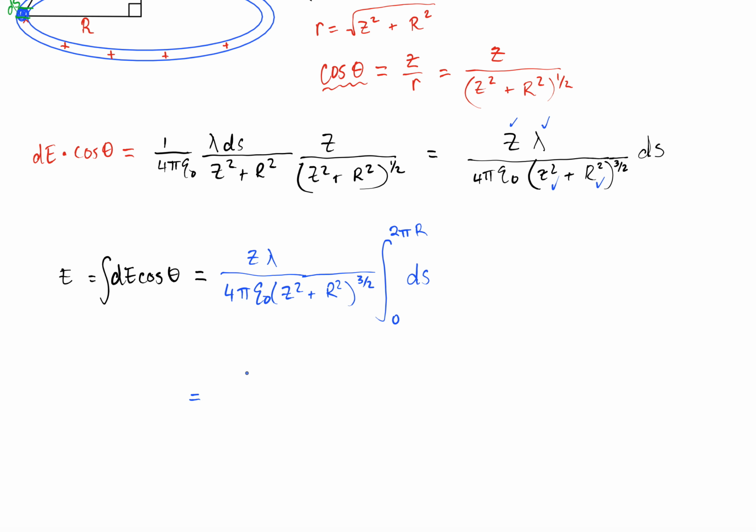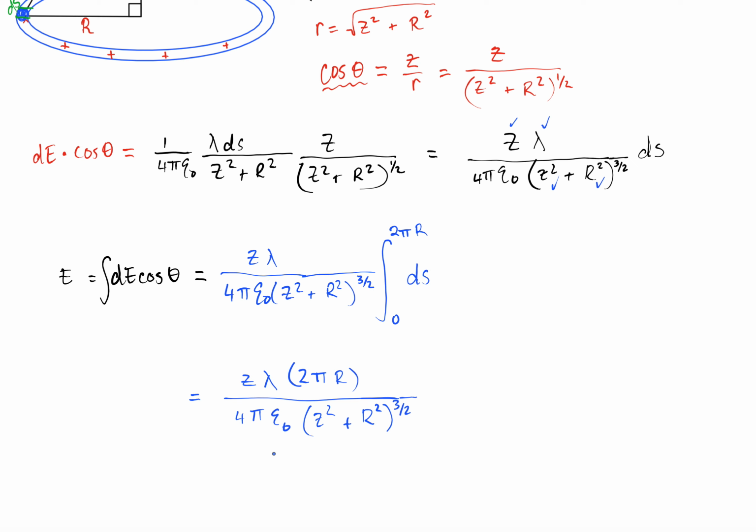So what I should come up with is z lambda times 2 pi r over 4 pi epsilon naught times z squared plus r squared to the 3/2. Okay, and now it can be simplified a little bit more. You can factor out some things if you want to.